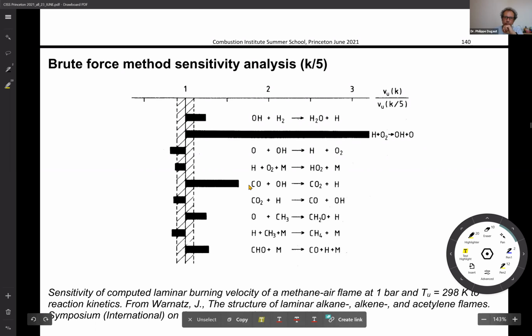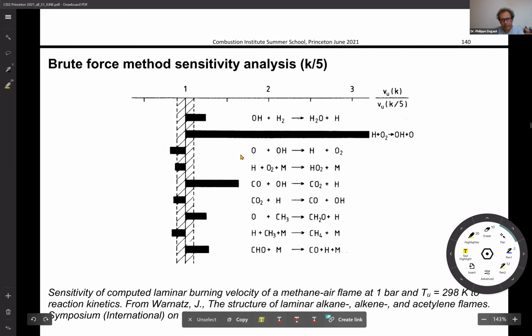It is followed by the oxidation of carbon monoxide reacting with OH, producing H atoms. So if you remember what I told you in previous lectures, laminar flame speed is very much influenced by the flux of H atoms.